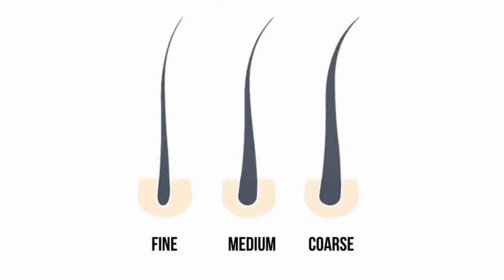So think about your hair texture as how thick its strand is. You see the strand of my weave, it's very thin. So that is what hair texture is.